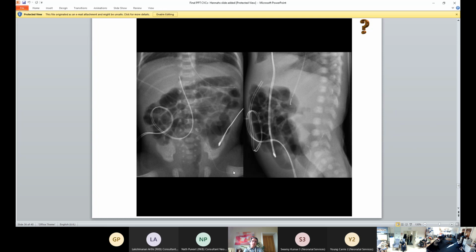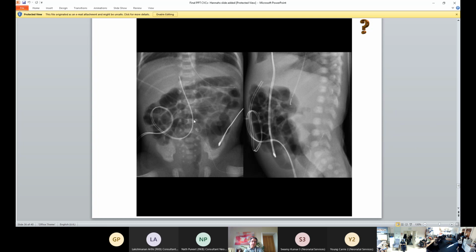This is one of the important X-rays. Why? Because I hope you can see this long line. Do you see it, this one? If you follow this long line, you will find that it has suddenly looped.